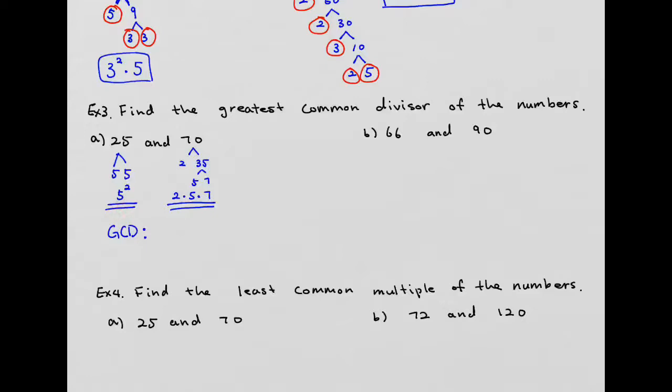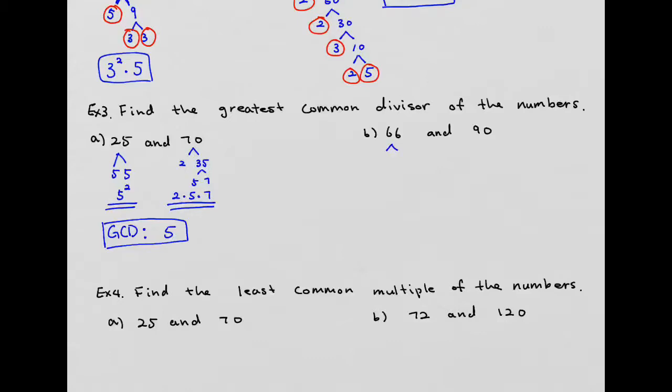So you're not going to use 2 and 7, because the values you want to multiply to find the greatest common divisor are the common values from those two. So from these two numbers, the common value is just one 5. So you're going to have 5 as the greatest common factor. Greatest common divisor. Let's try another one.